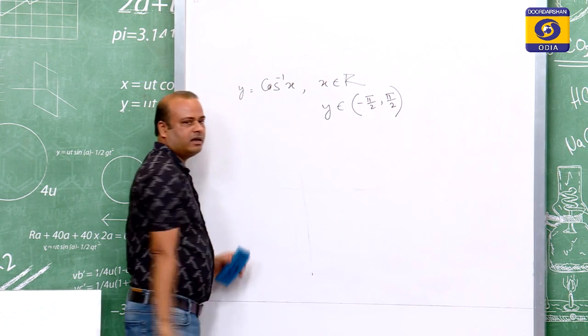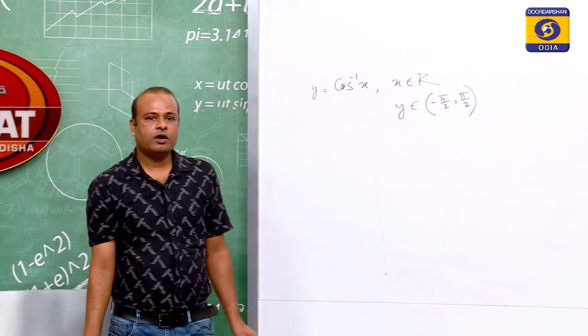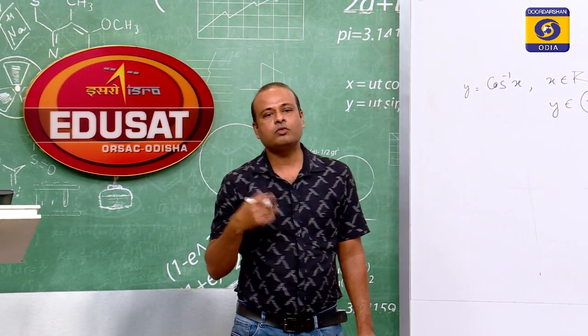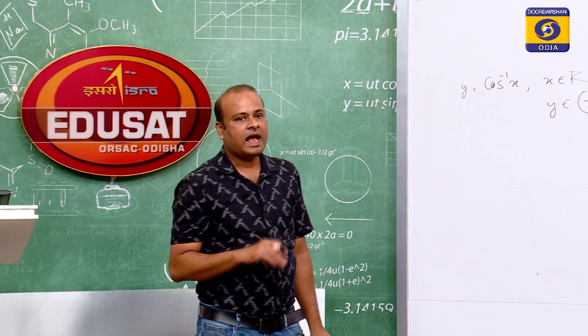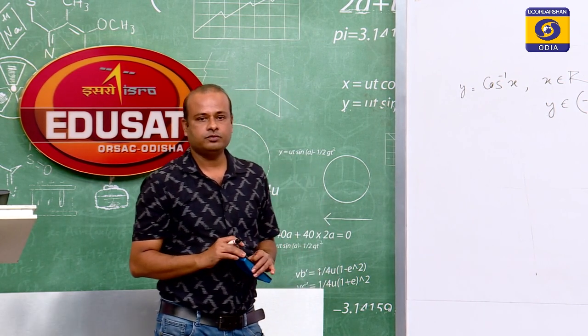X is in R, you know tan x is one-one from the open interval of minus pi by 2 to pi by 2 to R. So, tan inverse is from R to the open interval of minus pi by 2 to pi by 2.